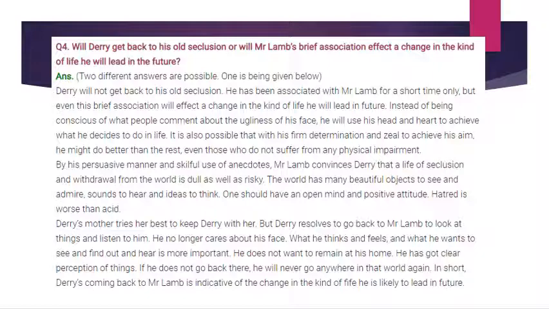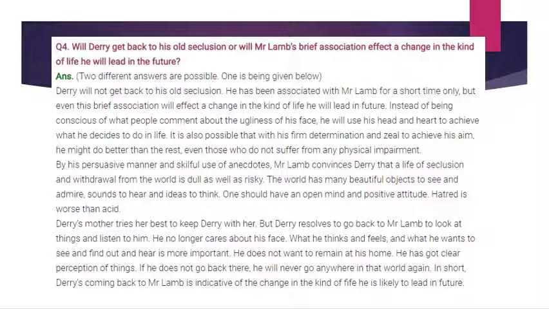By his persuasive manner and skillful use of anecdotes, Mr. Lamb convinces Derry that a life of seclusion and withdrawal from the world is dull as well as risky. The world has many beautiful objects to see and admire, sounds to hear, and ideas to think. One should have an open mind and positive attitude. Hatred is worse than acid.